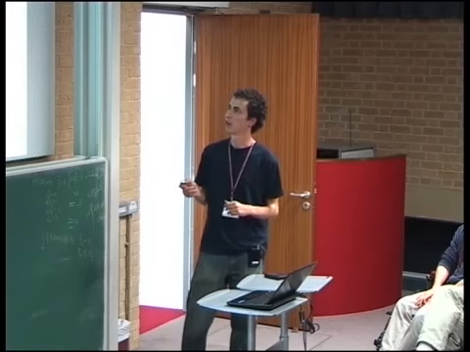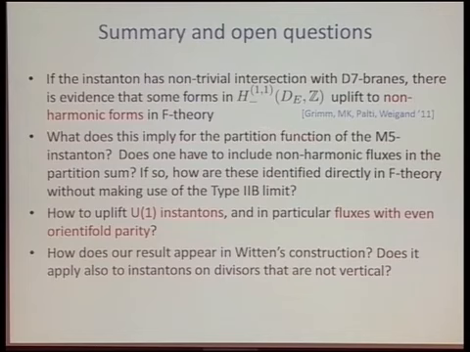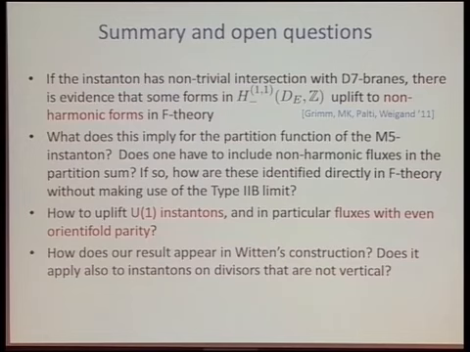And, well, this is really very speculative, but the question would really be what do these non-harmonic forms imply for the partition function? Does this mean we have to include non-harmonic fluxes? And if so, how do we know which ones we should take into account?